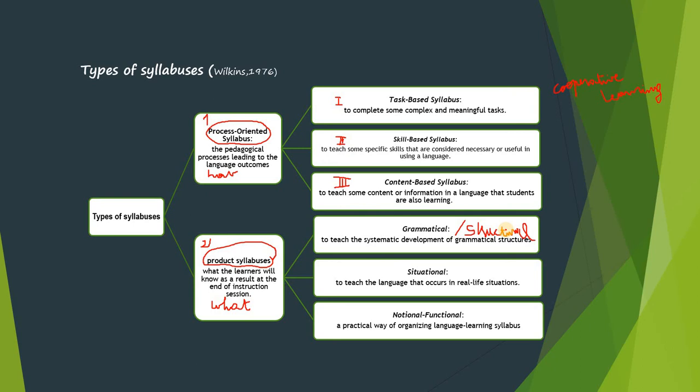So this is type 1 concerning the product-oriented syllabus. Type 2, the situational syllabus. Normally here its main objective is to teach the language that occurs in real life situations. So the teacher's task here is to provide real life situations to learn from.